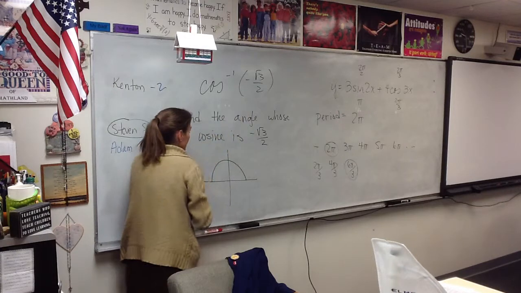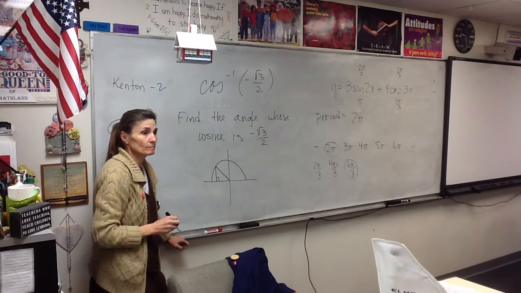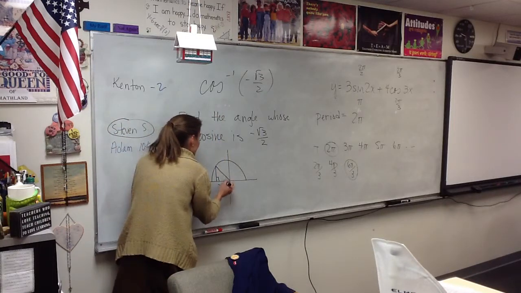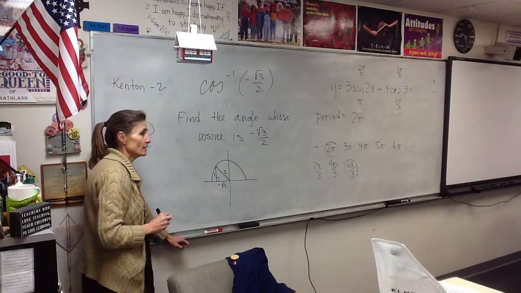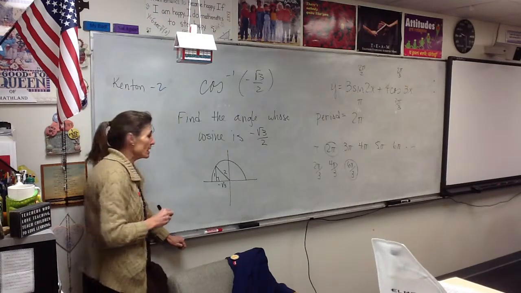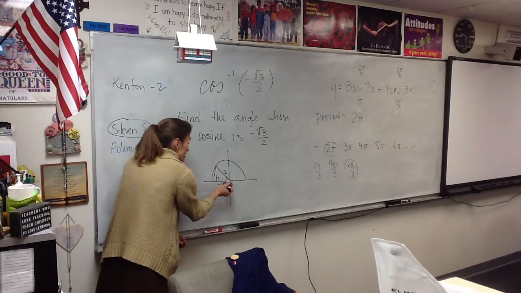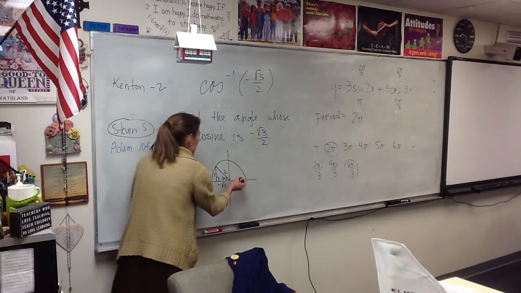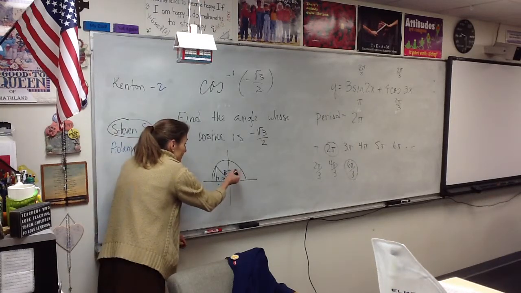If that number's negative, then I must be looking in quadrant 2. I recognize that triangle. If I'm doing this without a calculator, I have to be able to recognize the triangle. How big's this angle right here? He's 30. The answer is not 30. The answer is 150.